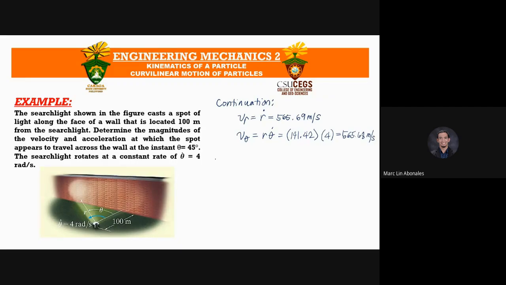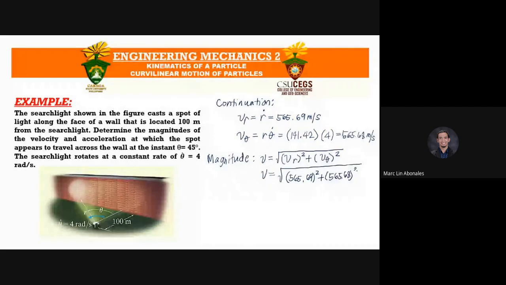So the magnitude of our velocity is equal to the square root of VR squared plus V theta squared. So that is 565.69 squared plus 565.68 squared. O, pila man na to ang magnitude, everyone? What's the value of our magnitude?